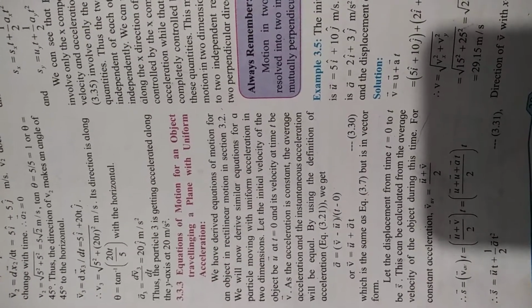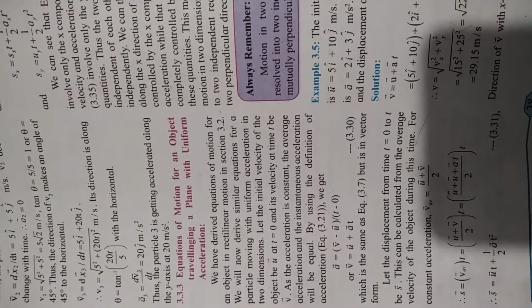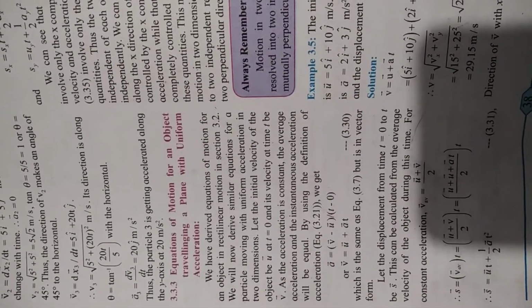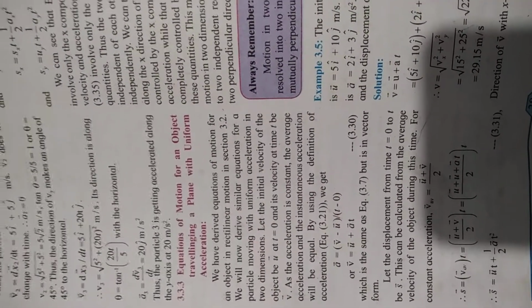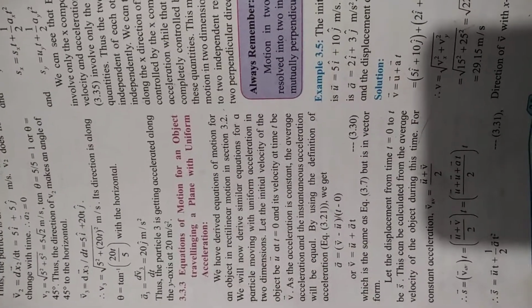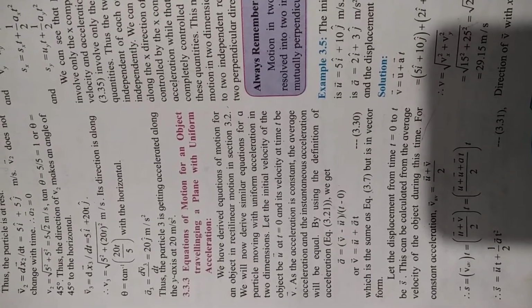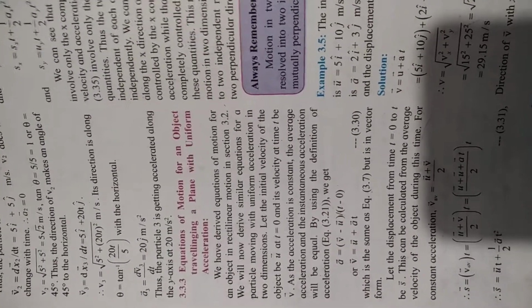So what is the change in velocity? Final velocity minus initial velocity upon final time minus initial time. So final velocity is v, initial velocity is u, final time is t, initial time is 0, so we get a is equal to v minus u divided by t.